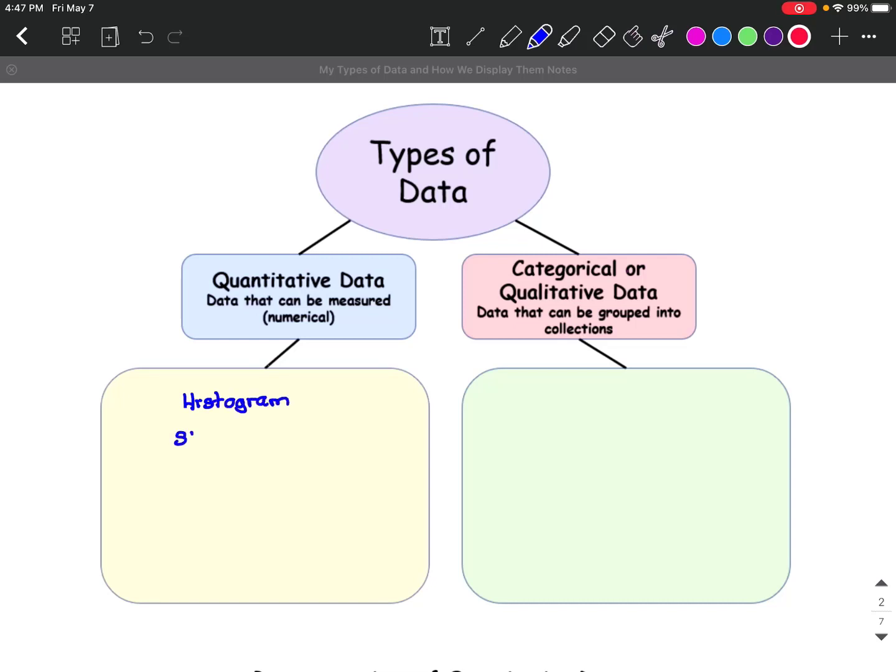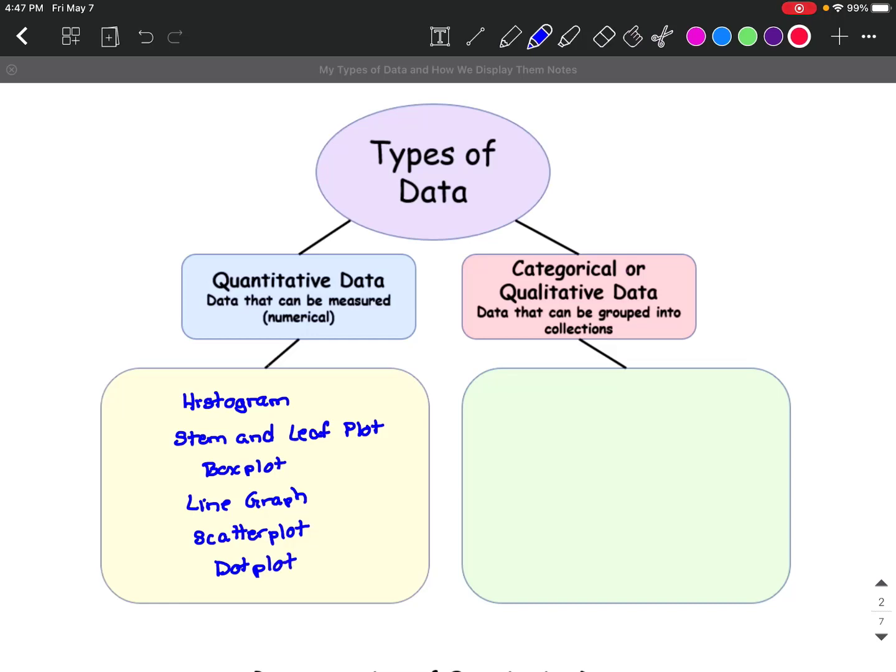We might use a stem and leaf plot. We might use a box plot or a line graph or a scatter plot or even a dot plot.